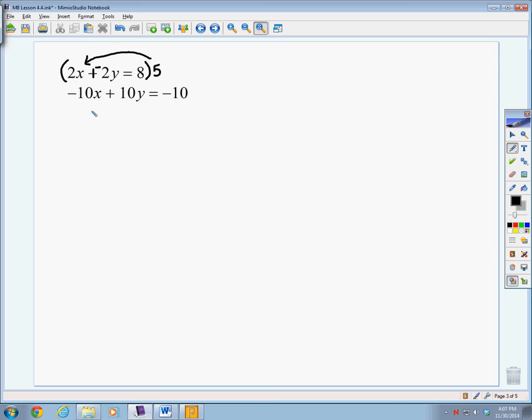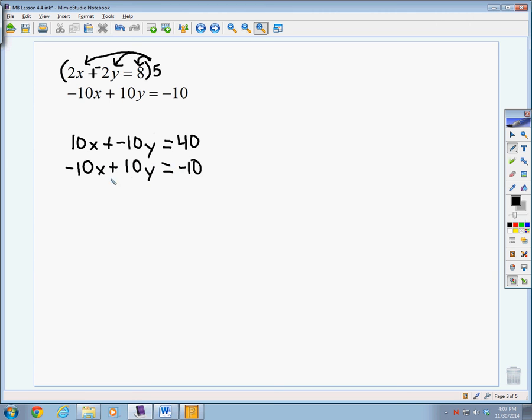So let's do that. I'm going to go 5 times 2x, which would be 10x, plus 5 times the negative 2y, which would be a negative 10y. And don't forget, go 5 times 8 to give us 40. And I'm going to combine that with our second equation here.